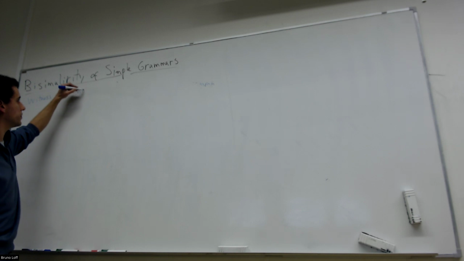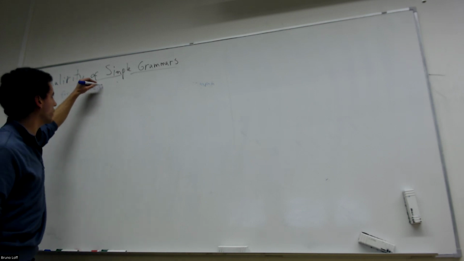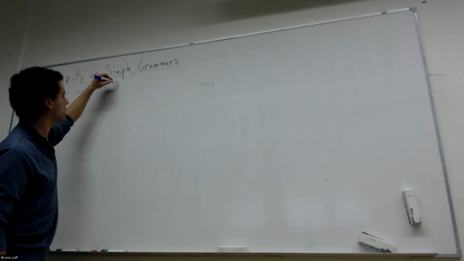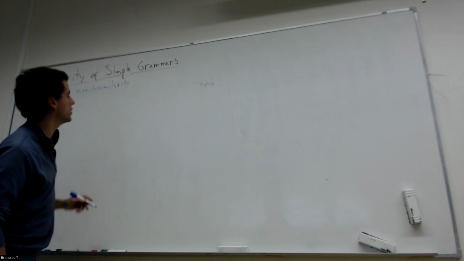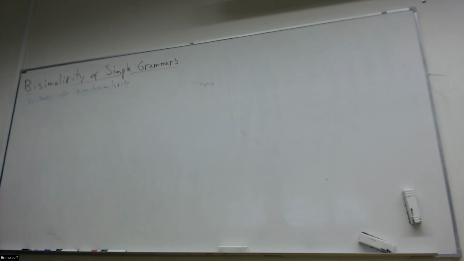This has been known for a while, that there is this notion of a witness for non-bisimilarity. So how do we define this witness? Well, the first thing is we define bisimilarity up to n.